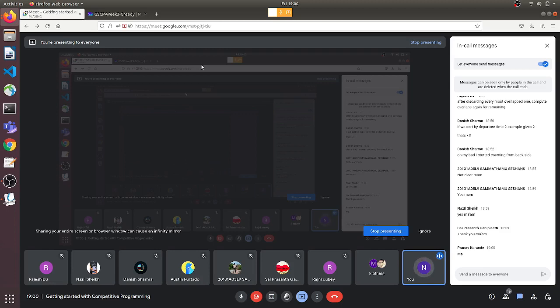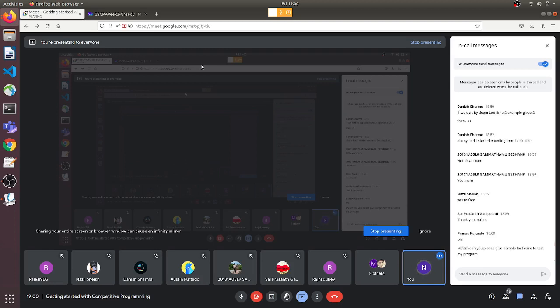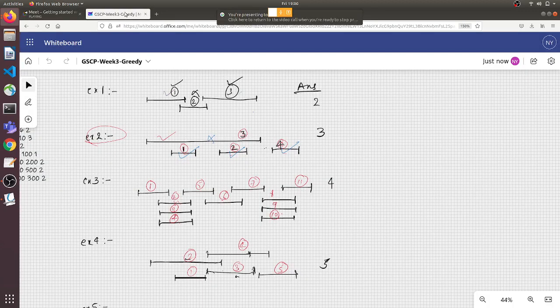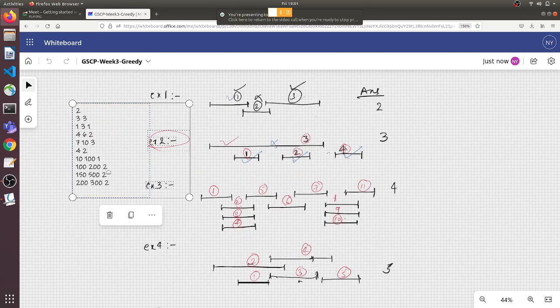So does anyone have any question? You can also unmute yourself, you don't have to wait to write in the chat box. For a sample test case to test your program, for now you can use these ones.